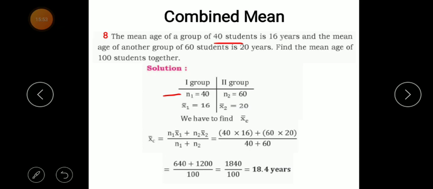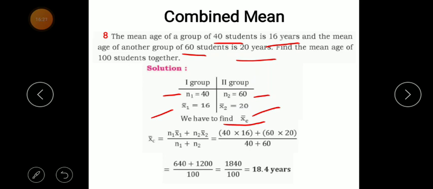Number of students in group 2, n2, is equal to 60. x1 bar, that is the mean of the first, is 16 years. x2 bar, the mean of the second group, is 20 years. We are supposed to find x bar c, or xc bar, that is the combined mean. x bar is mean, xc is combined mean.